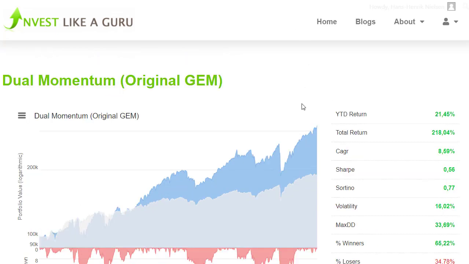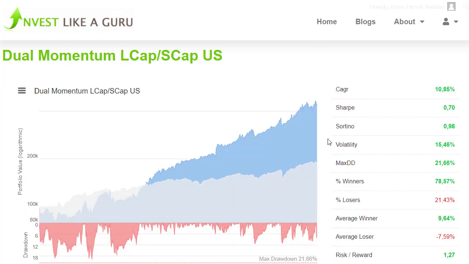So instead of ending up starting with $100,000 and ending at $318,000, meaning a 218% return over these years, the new version actually ended up at 350% over the same amount of years. That is quite a significant difference.